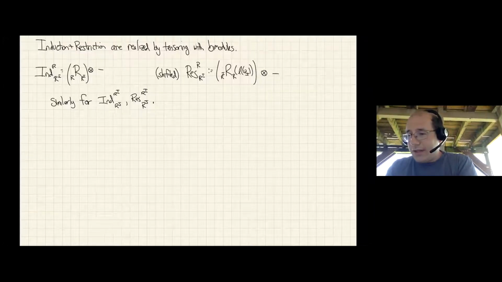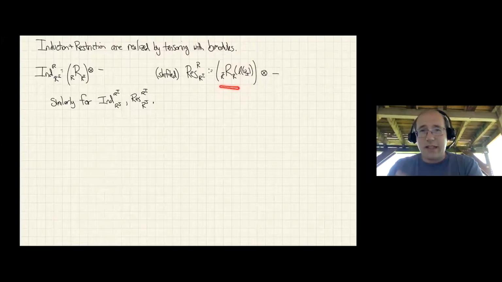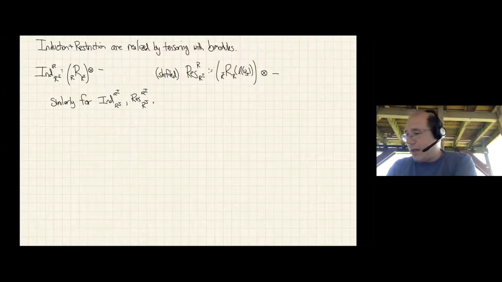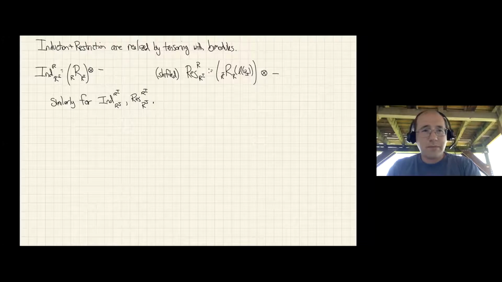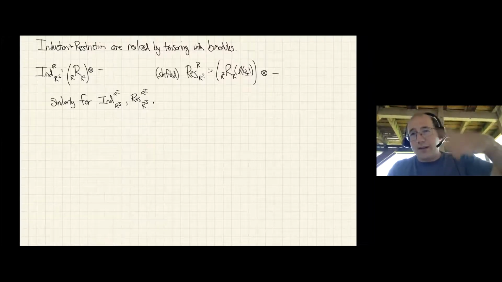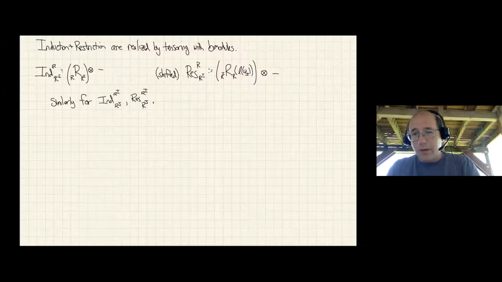Induction is just tensoring with R viewed as a left R module and a right Ri module. And restriction is just the opposite, tensoring with R as a right R module and a left Ri module. But we're going to throw a grading shift into our definition of res so that the adjunction will work out nicely. And we're going to do something similar to define ind and res between various invariant subgroups when one subset is contained inside the other.